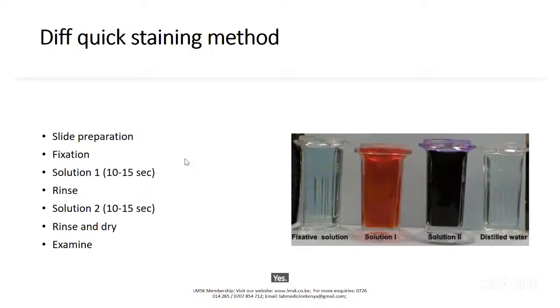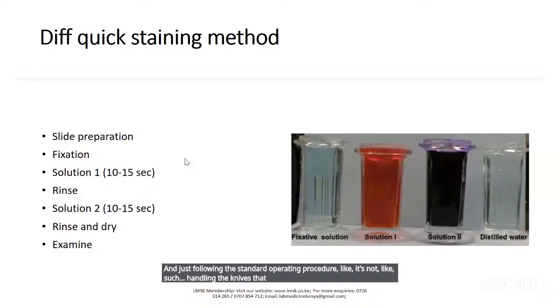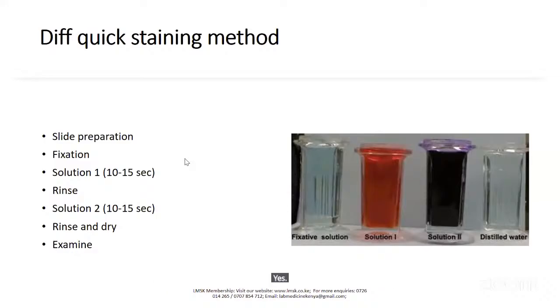I've insisted on using the correct PPEs and just following the standard operating procedure. Like, you do not start handling the knives that have been used to cut frozen section with bare hands. Just make sure you follow the procedure, you do the right thing. PPEs are very important because you're handling fresh samples, so your safety should be a priority.